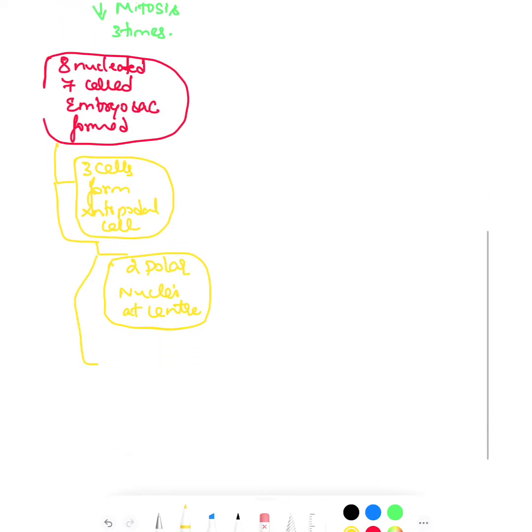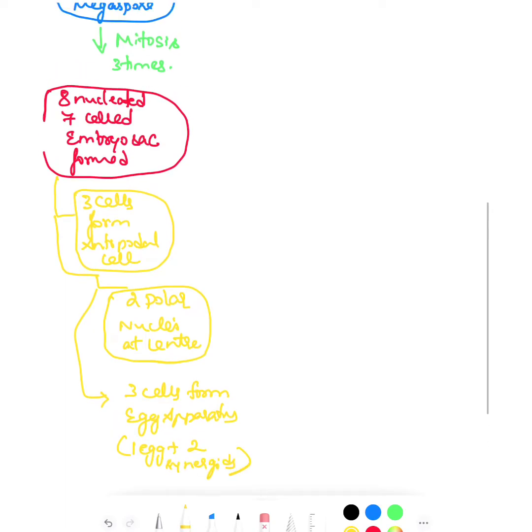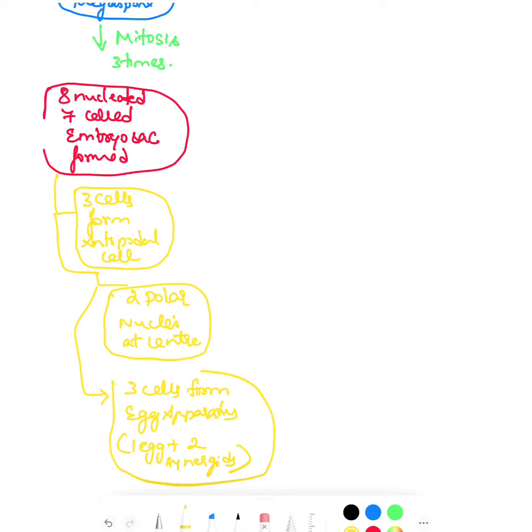Then 3 cells form the egg apparatus, that is 1 egg plus 2 synergids. So the antipodal cells and their fate we have already studied. Now the 2 polar nuclei will form. Okay.